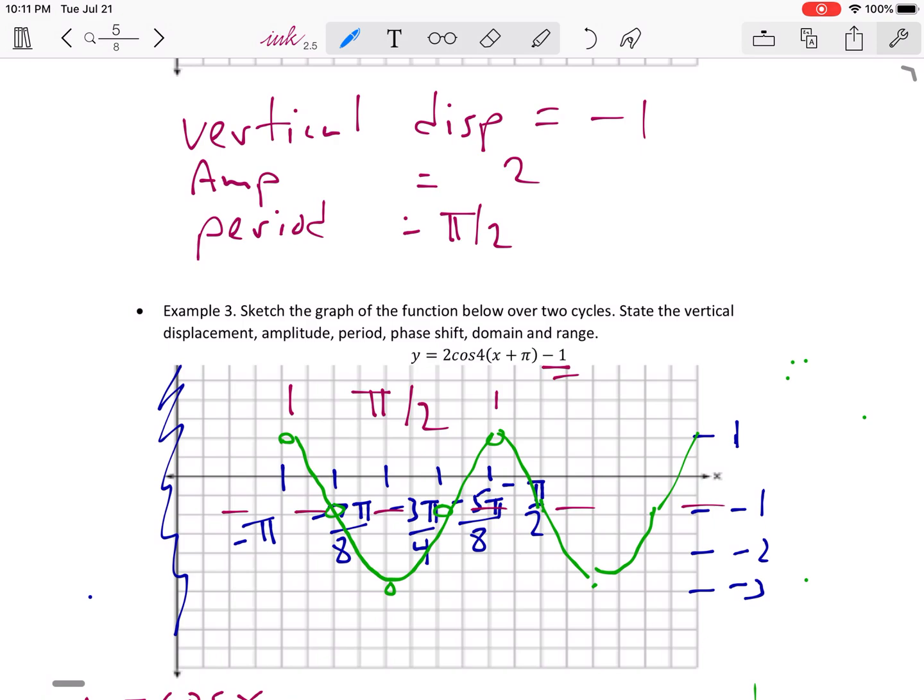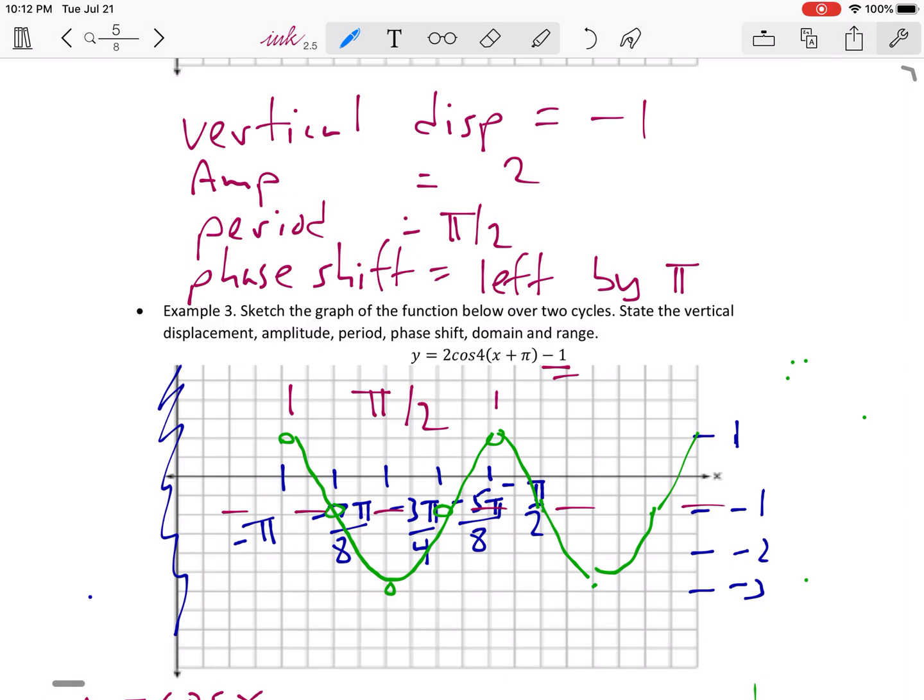The phase shift, okay, so the phase shift is in the equation there. Okay, so the phase shift is your horizontal translation, and so this one here, we went left by pi. Okay, so minus pi basically.